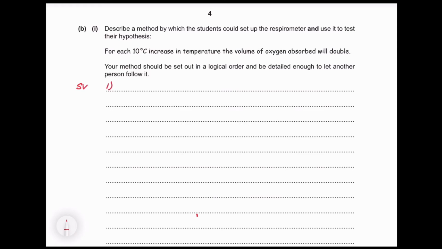So number 1, we can say that after you have set up the independent variable, which is the temperature, using thermostatically controlled water bath, the mass or the volume of carbon dioxide absorbent, such as soda lime, you can mention, or KOH, needs to be the same. Number 2, you can mention that the mass of the wood lice.